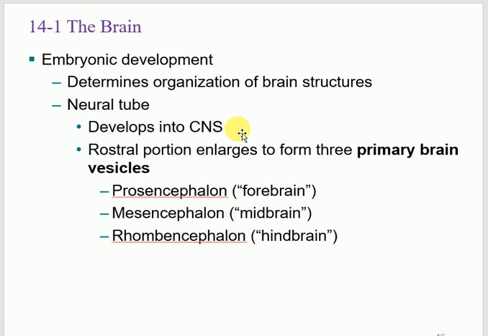Cephalon means brain. There is prosen, mesen, and rhombencephalon. Pros means front or forebrain. Mesen is middle. It even sounds kind of similar a little bit. Mesen, middle or midbrain. Rhomb means behind or the back, hindbrain.